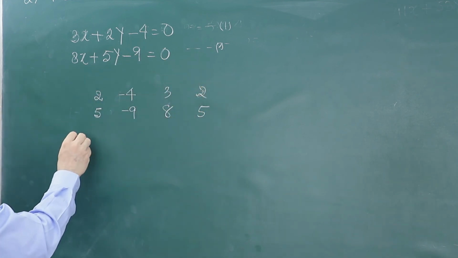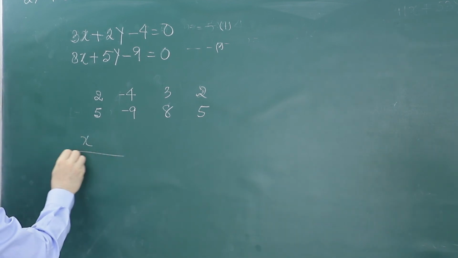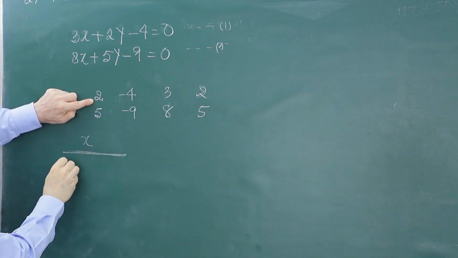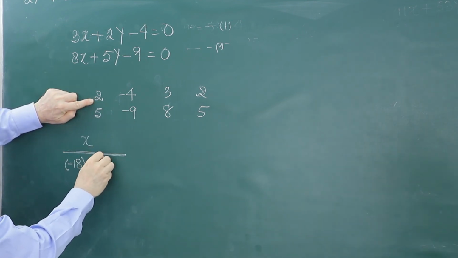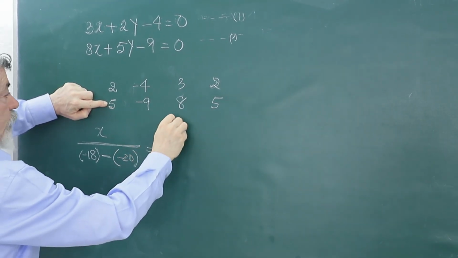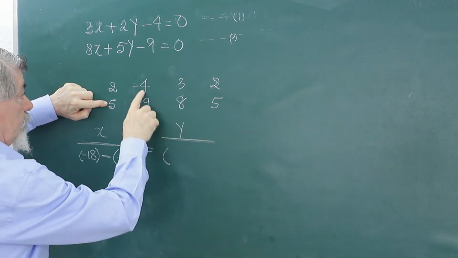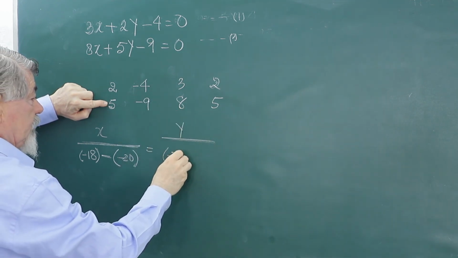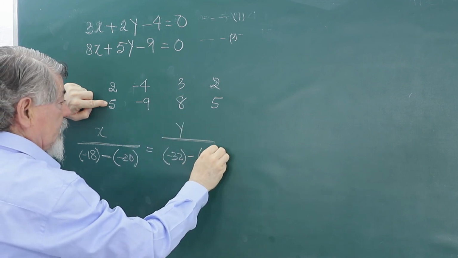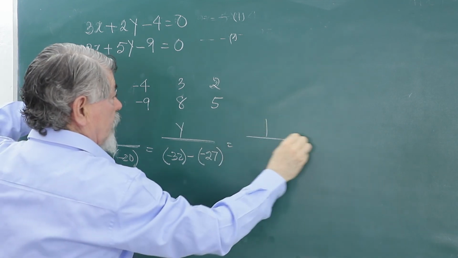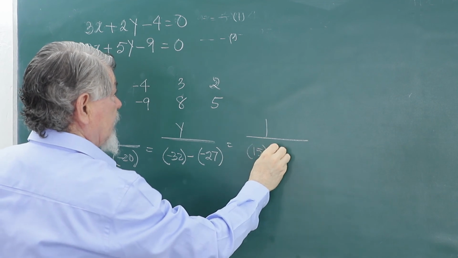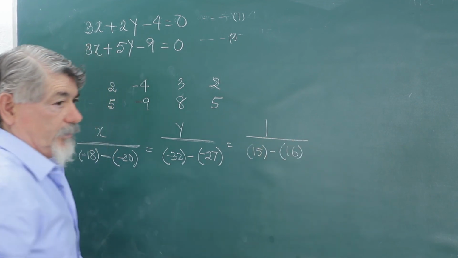The first is x upon, we write x upon the variable x: 2 into minus 9 is minus 18, minus 5 into minus 4 is minus 20, is equal to y upon minus 4 into 8 is minus 32, minus 9 into 3 is minus 27, is equal to 1 upon 3 5s are 15, first bracket minus 8 2s are 16.